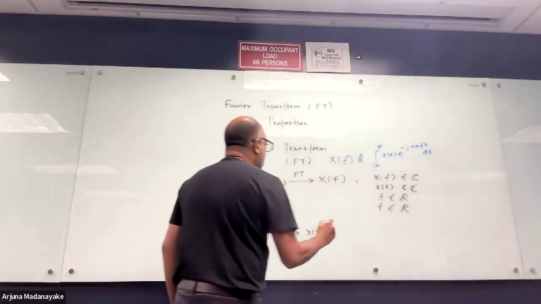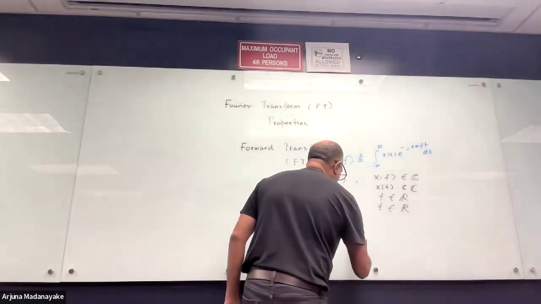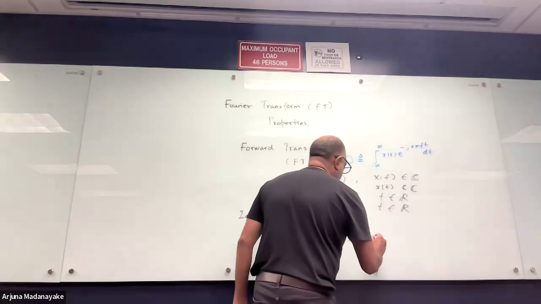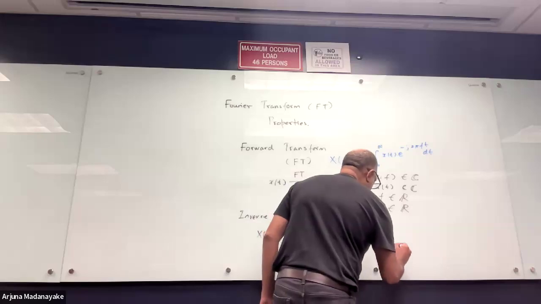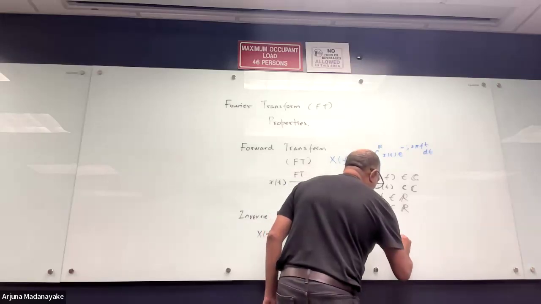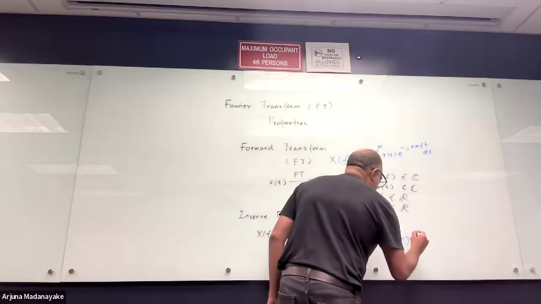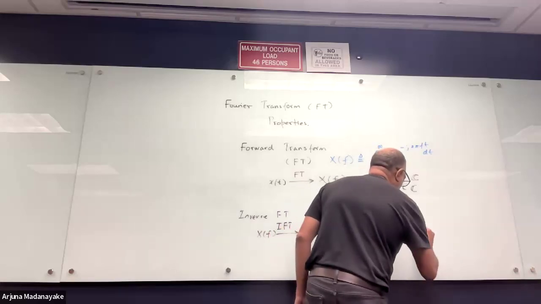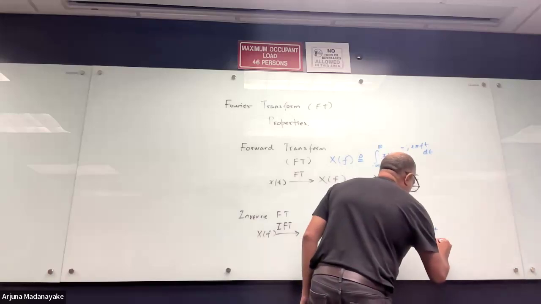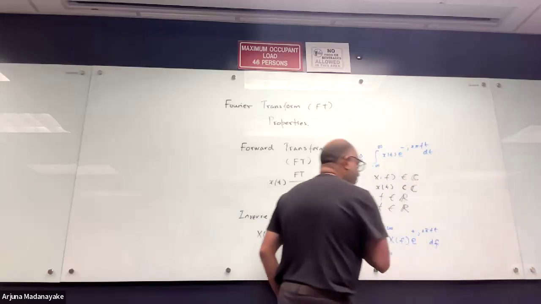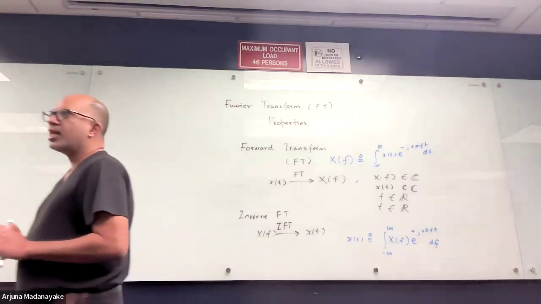So in the inverse version, x of t is equal to the integral from minus infinity to infinity of capital X of f e to the plus j 2 pi f t df. So there's some symmetry.